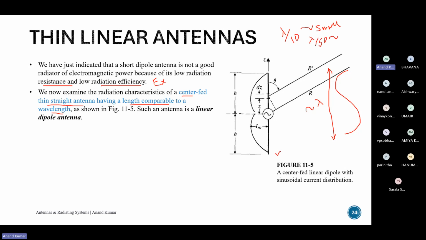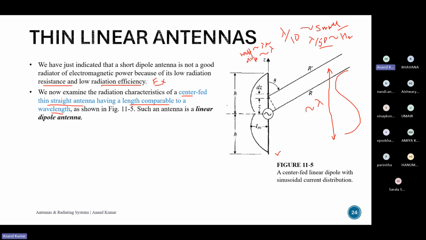So this is a small antenna, and lambda by 50 is what we call the usual Hertzian dipole antenna. And over here we look at half dipoles and then dipoles. So a dipole will be equal to lambda, a half dipole will be lambda by 2 and so on.